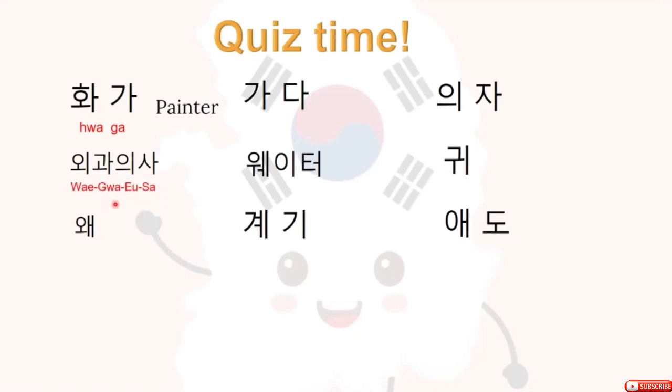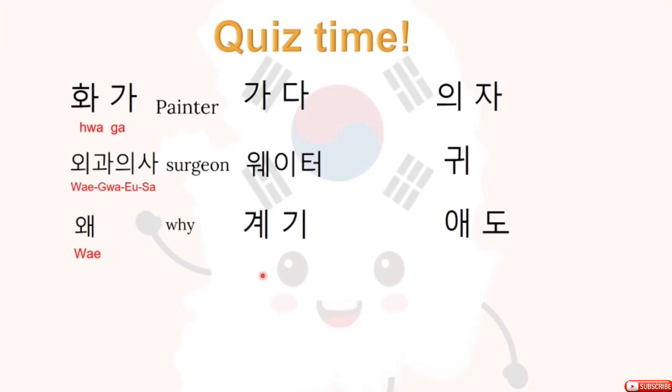Remember that on the previous slides we had the 의사, which was doctor. So maybe you would have guessed, oh, maybe he's some kind of a doctor, and it's a 외과 의사, and it actually means surgeon. Okay, and the next one is just one syllable here, 왜, and it means why, why?